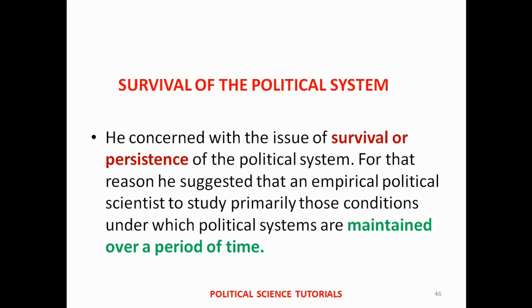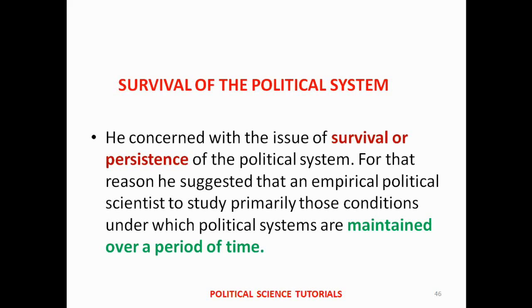This type of political system follows some conditions or mechanisms which help them to maintain or persist the political order. After studying, thinkers will be able to understand the pattern or codes to build their theory.